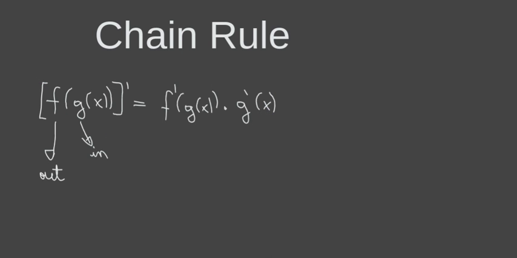So let's see some examples. So let's say that you have the expression sine of x plus x cubed, squared, and you desire to compute the derivative of this function.